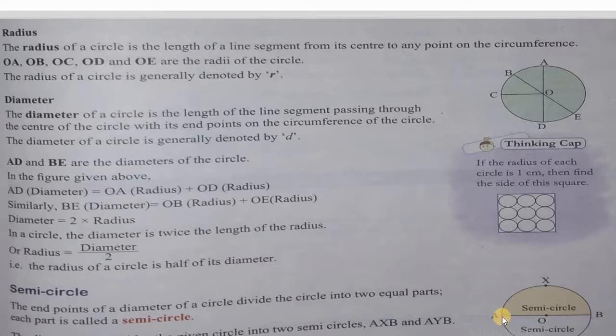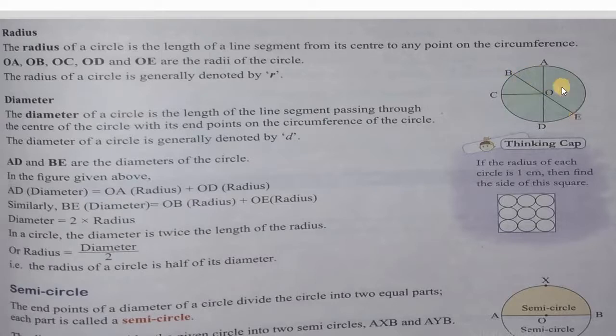A is on the circumference, the line passes through the center O, and B is again on the circumference. So whenever you draw a diameter, it divides a circle into equal halves. The equal half is called the semicircle.